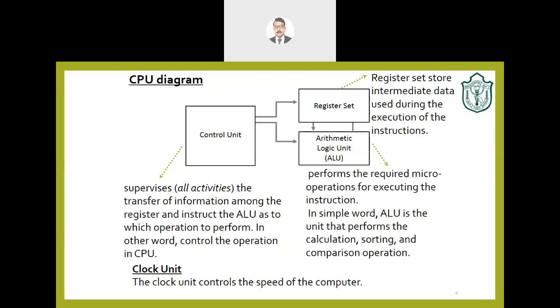In simple words, the ALU is the unit that performs calculation, sorting and comparison operations. And the control unit supervises all activities, the transfer of information among the registers, and instructs the ALU as to which operation to perform. In other words, it controls the operations in the CPU. And there is another unit associated with the CPU, that is the clock unit. The clock unit controls the speed of the computer.